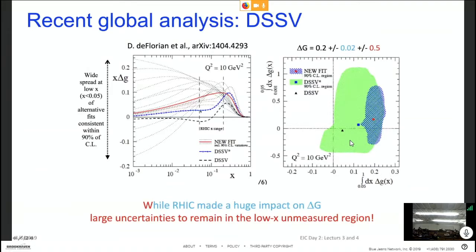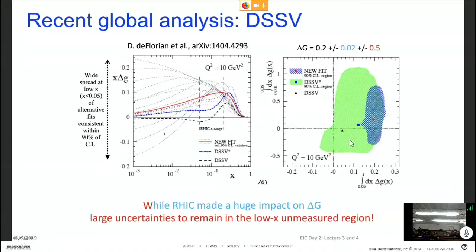You can see approximately what the range in uncertainty is. The RHIC measurements came in between these two regions, shown by the RHIC range here. So it didn't do much on the low x side.